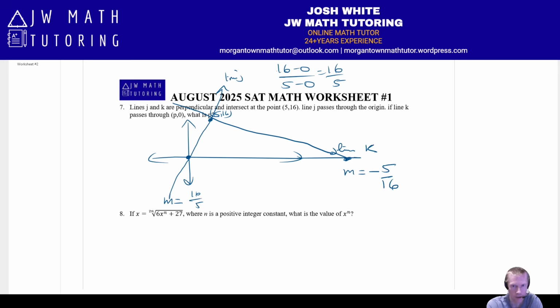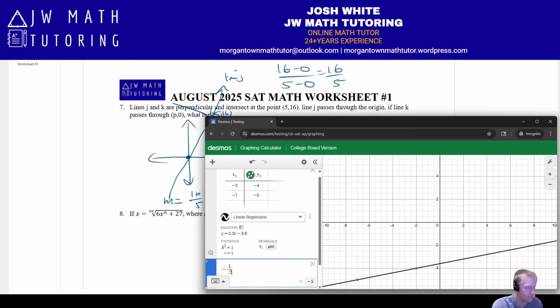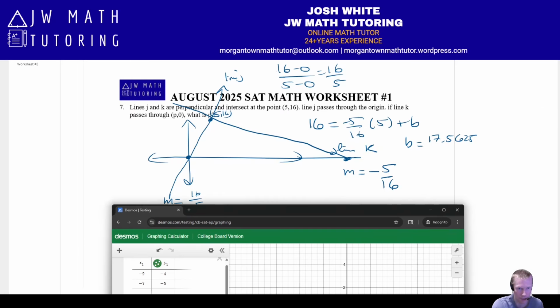But we've got y equals mx plus b, so we know that y equals m times x plus b. So you go ahead and solve this equation for b. The value that you get should be 17.5625. So let's just go to Desmos and confirm that and show you how I would do the entire thing in Desmos.